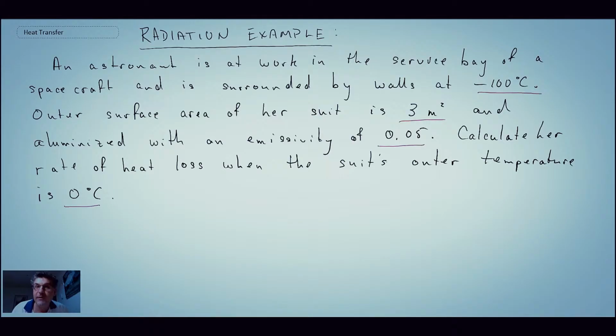But the outer temperature of the suit is at 0 degrees Celsius, and we're trying to calculate the amount of heat loss from the spacesuit. So let's write out what we know and what we're trying to find, and then we'll work this problem.